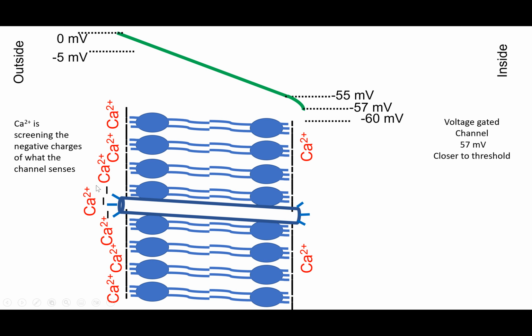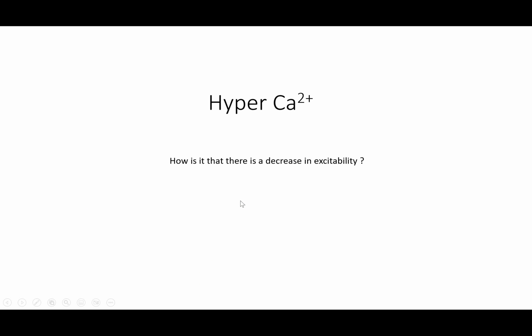So they think that calcium screens this, and you don't have that starting off negative value, so you're back to what would be 0, and you could have some low calcium here, and you might be screening some of that charge. The impact is then on the channel itself.